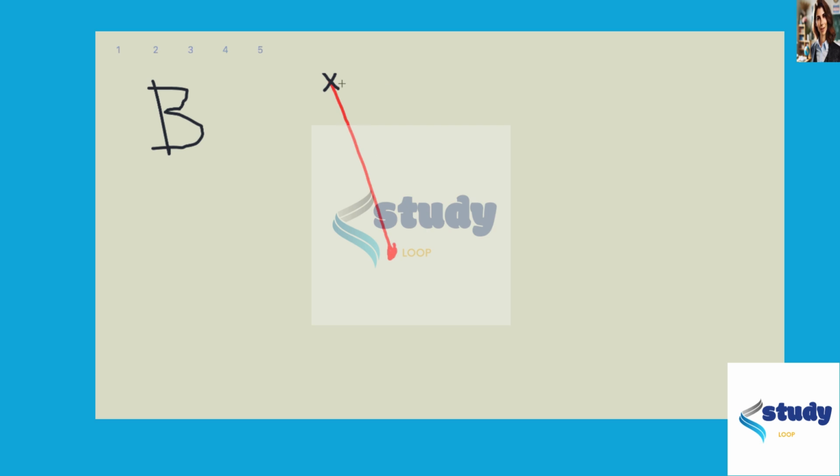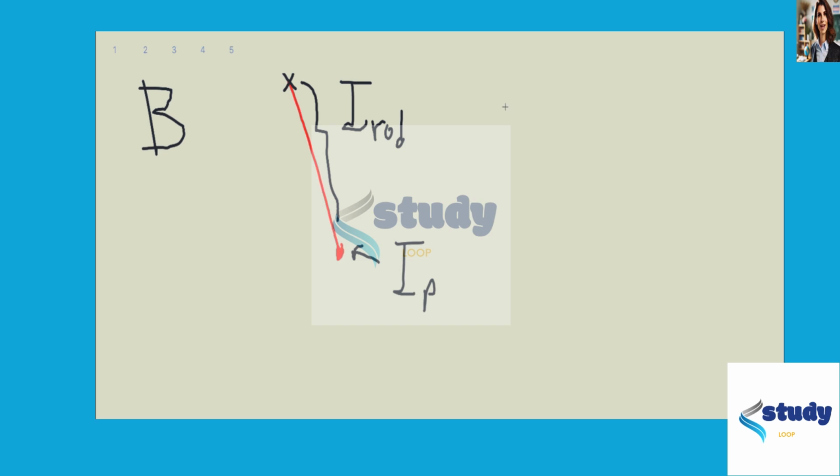So if we say this part has a moment of inertia I rod, and this has the moment of inertia I point, I P, the total moment of inertia for this system, I B, is I rod plus I P. I remind you that the moments of inertia have to be measured from the same axis of rotation.